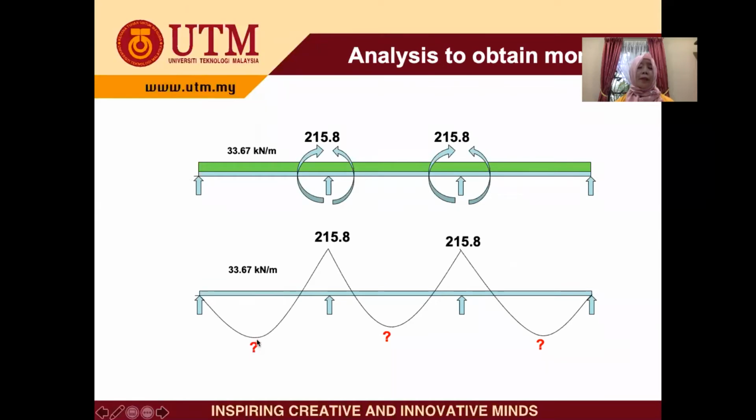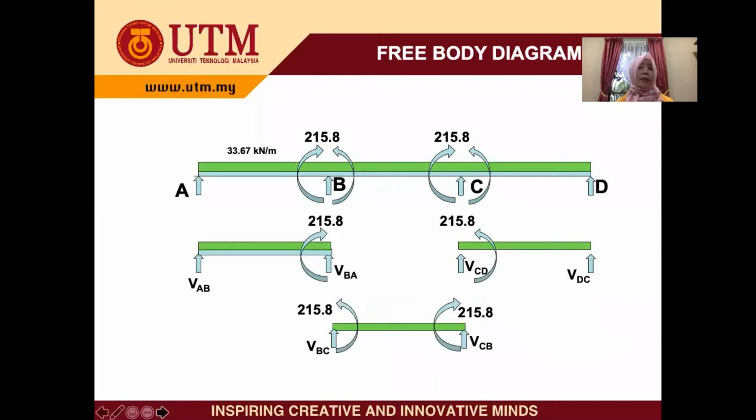We need to find what is the moment at the span, right? In order to get this moment, we need to calculate the shear force diagram. Therefore, to get the shear force diagram, we need to use the free body diagram analysis here.